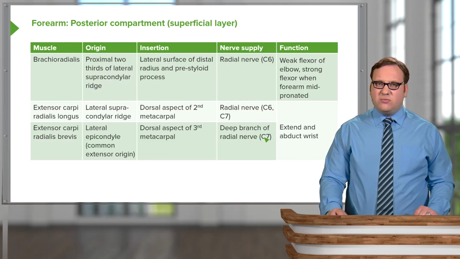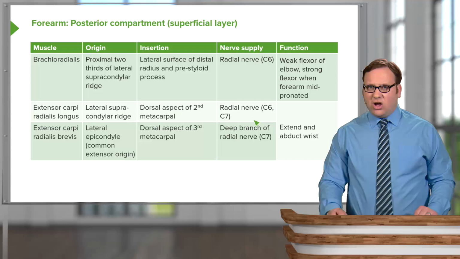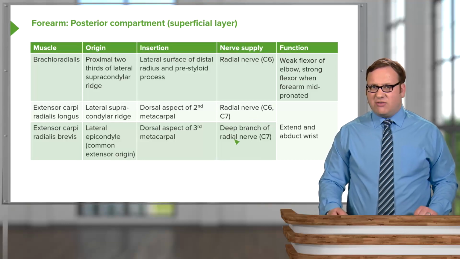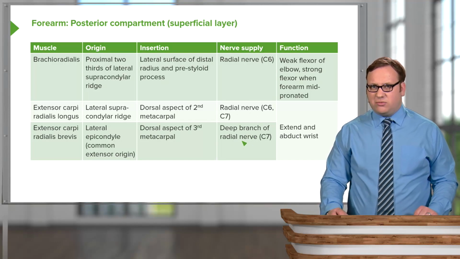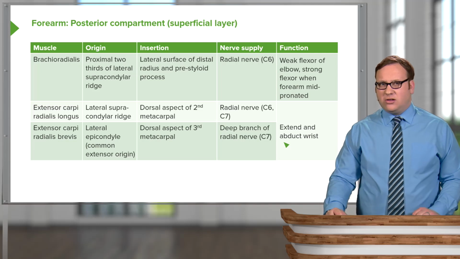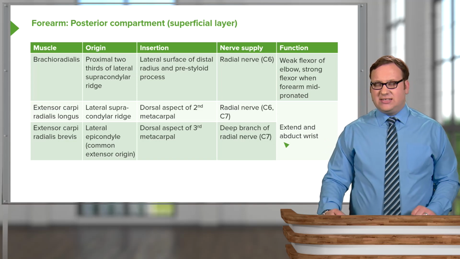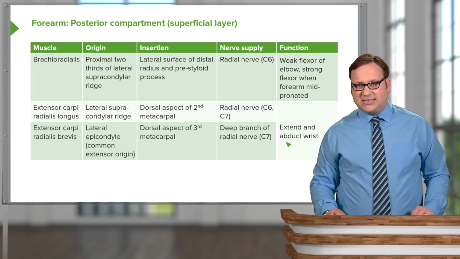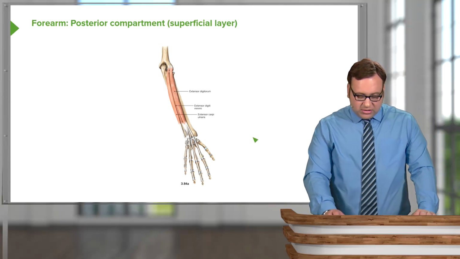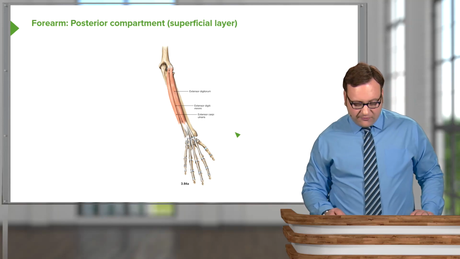These two muscles are supplied by the radial nerve, extensor carpi radialis longus by the radial nerve itself, extensor carpi radialis brevis via the deep branch of the radial nerve. And these two muscles help to extend and abduct, or radially deviate, the wrist to the radial aspect.